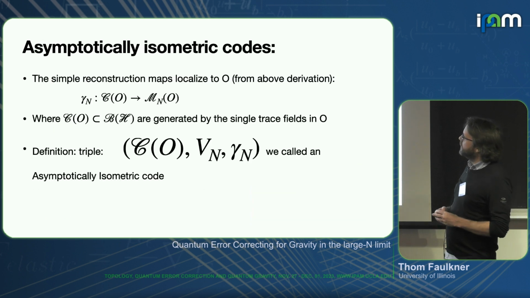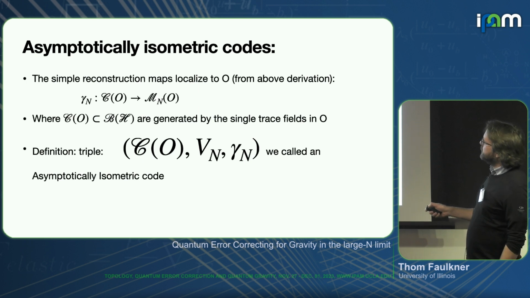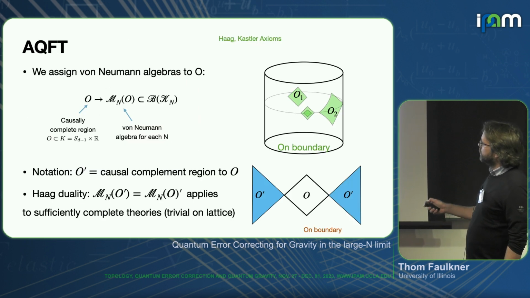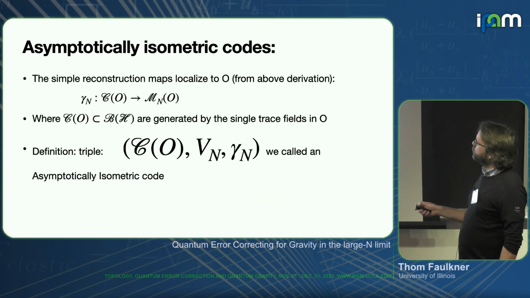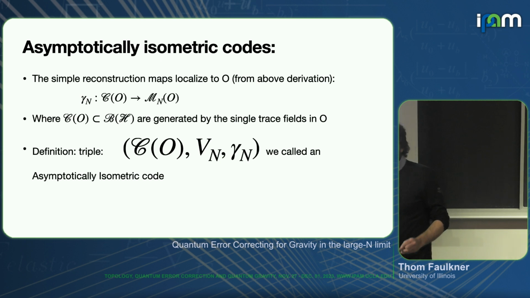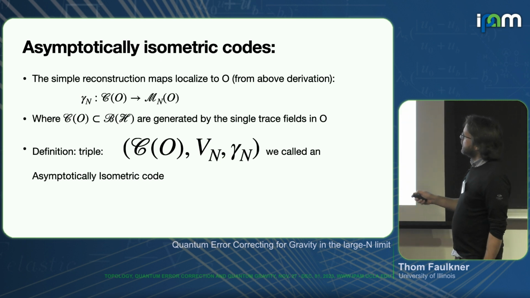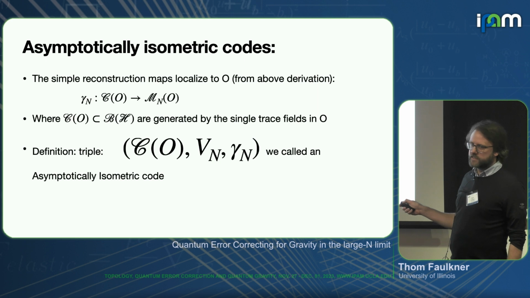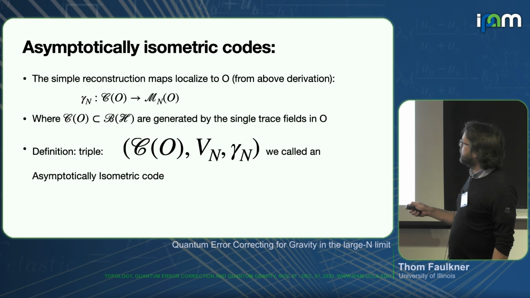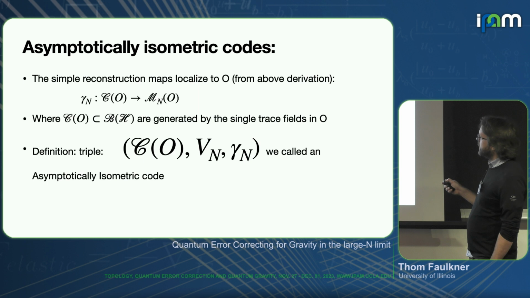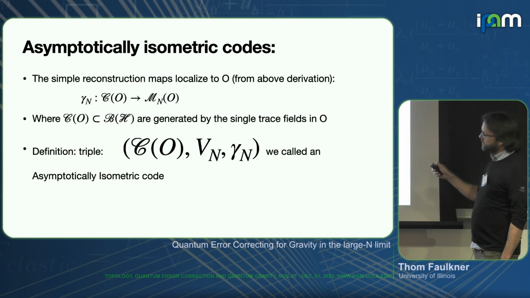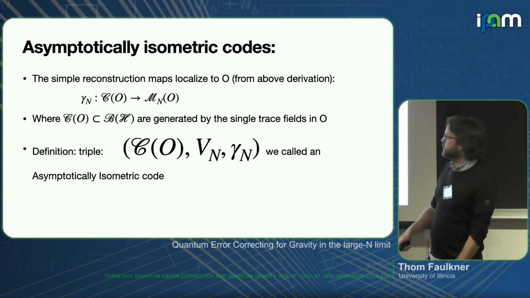Okay, so in particular, one thing that you find is that with this local understanding of what's going on, we can go back and look at these reconstruction maps that we found when we derived this code, and you find that these reconstruction maps localize. That means that there is a von Neumann algebra in the code Hilbert space that is generated by the single trace fields in the region O. So this is a boundary region.